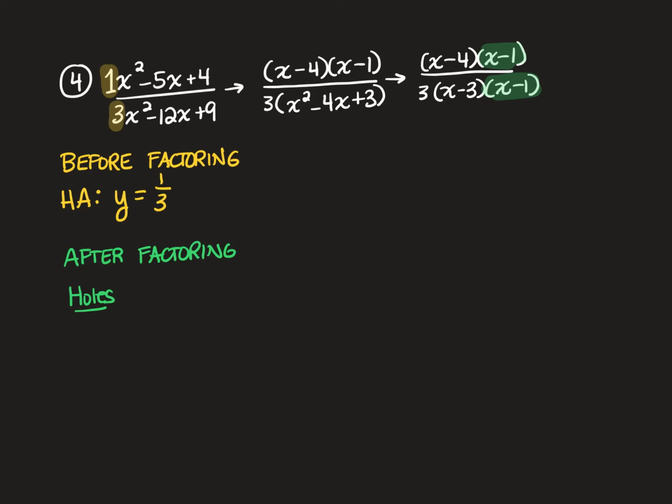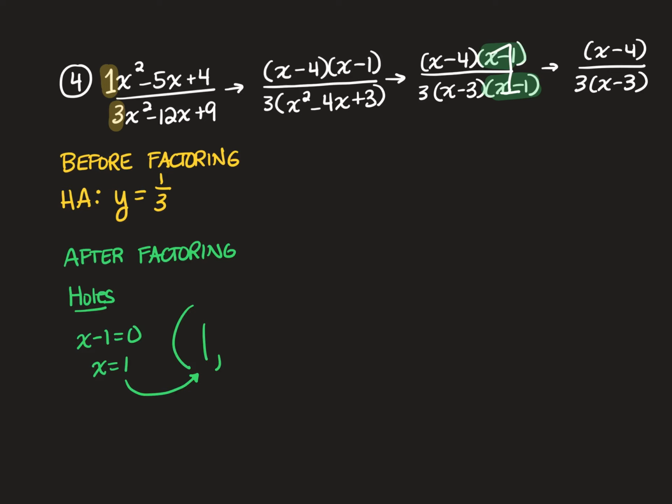A really easy way to figure that out is to take that x minus 1 and set it equal to 0. And that gives you x equals 1. Now, that is the x coordinate of the hole in the function. Our next step is to eliminate that giant 1 and rewrite our function one last time. So we have x minus 4 over 3 times x minus 3.